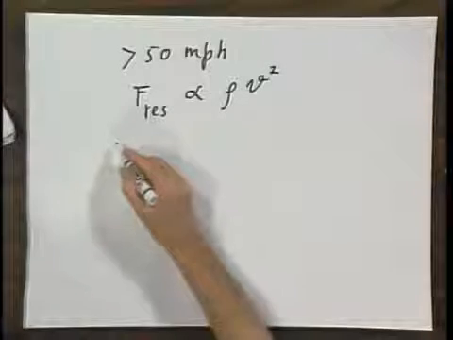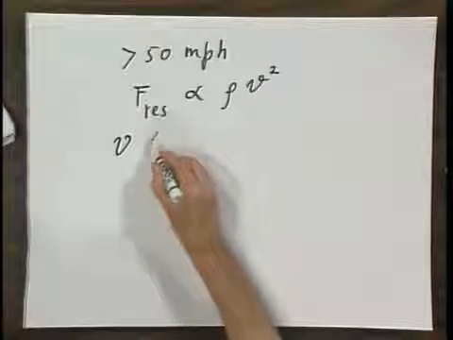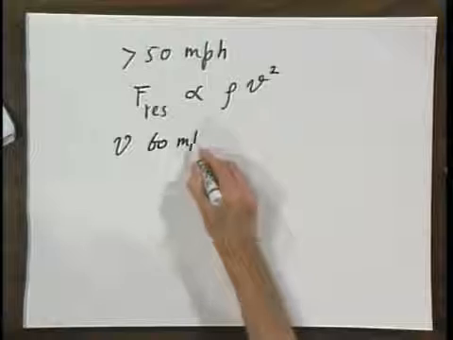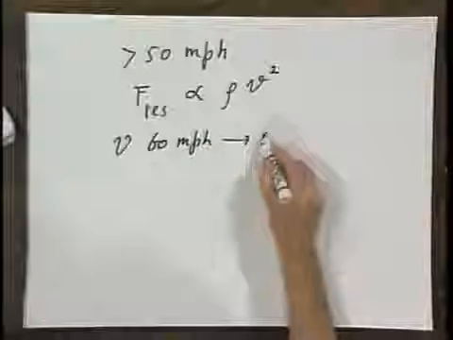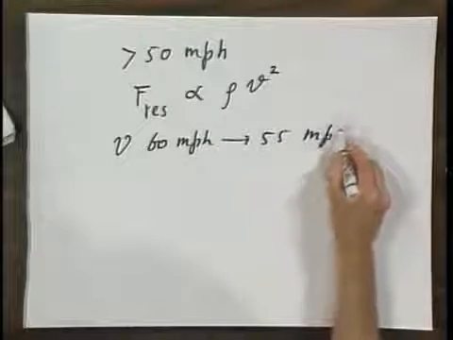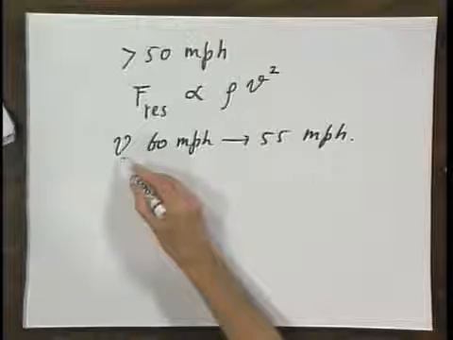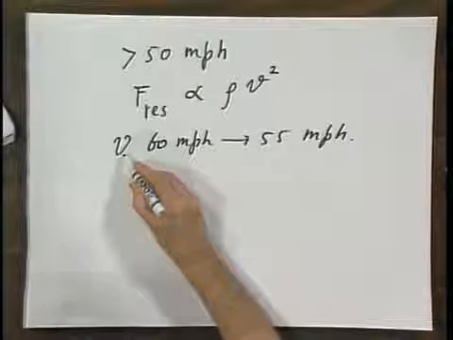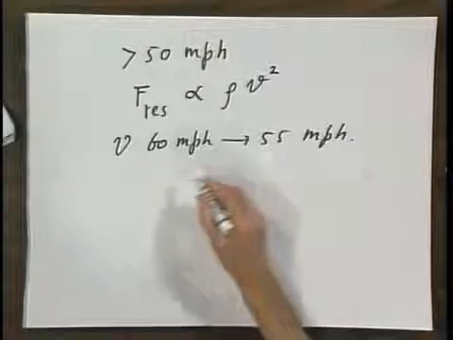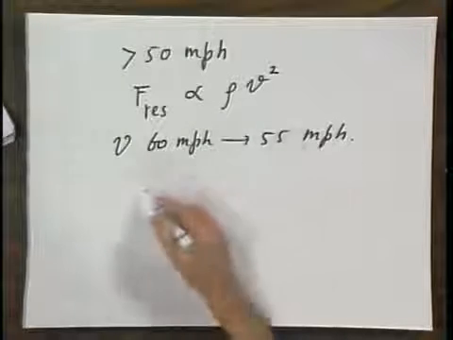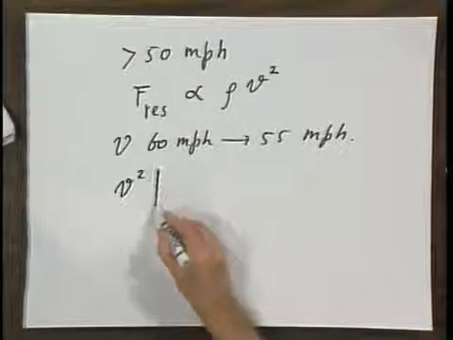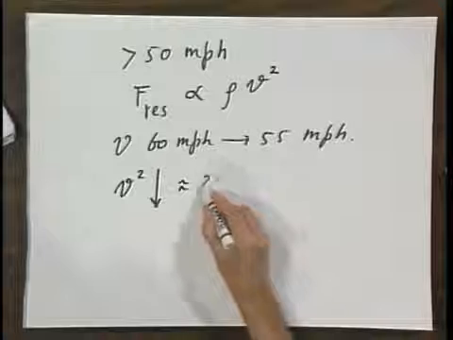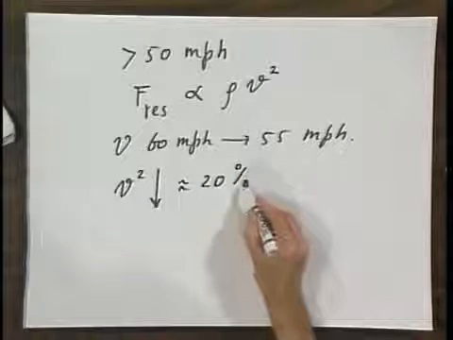Now, if you go from 60 miles per hour down to 55 miles per hour, that is a decrease in the speed, I should say, of 10%, very roughly. So v squared goes down by roughly 20%.